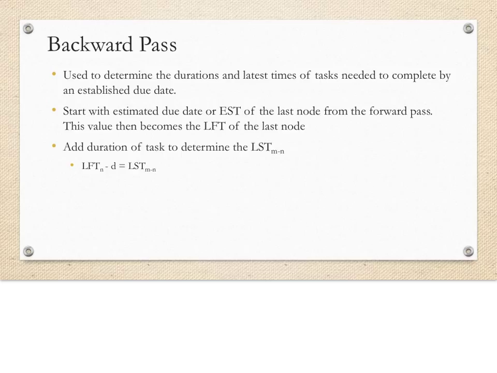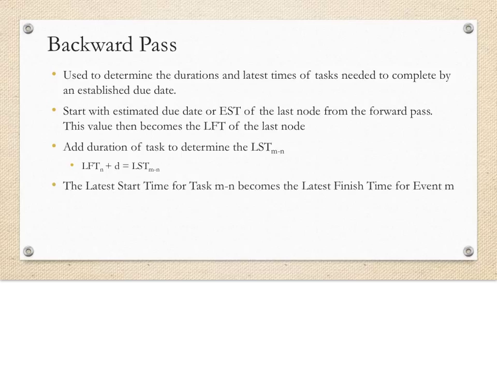As you can see in this equation, the latest finish time of the event minus the duration of the task, mn, is equal to the latest start time of task mn. The latest start time of the task then becomes the latest finish time of the preceding event, as shown in this equation here.